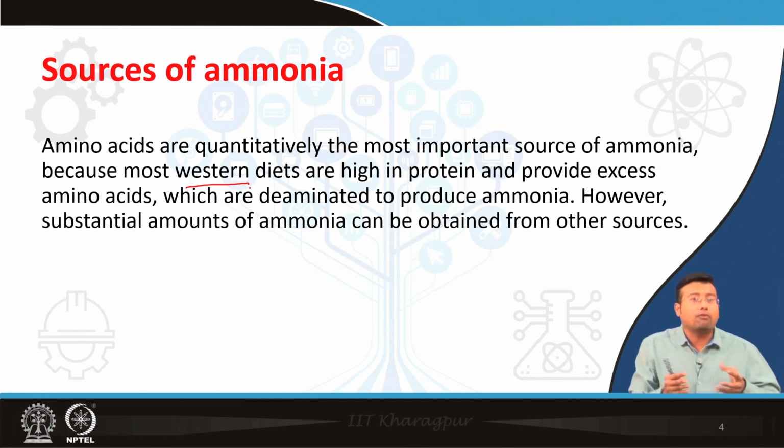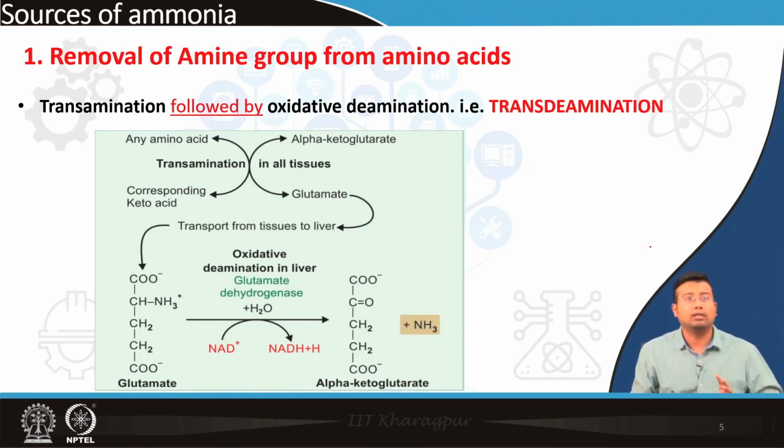So, the amount of ammonia or nitrogenous waste that is produced after western diet is much more. Nevertheless, even in Indian diet, when the ammonia clearing mechanism is at a problem, ammonia level may go high because not only from dietary sources, ammonia is also available from other sources. So, let us look at what are the sources of ammonia and how ammonia is formed.